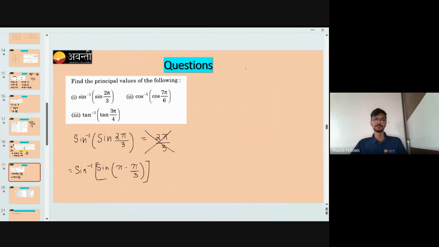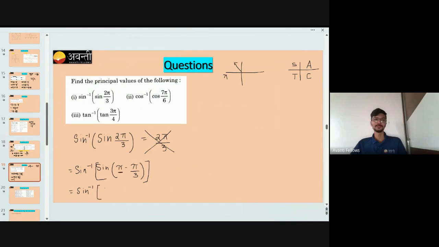Now look at the allied angles part. This is angle pi. Some angle is getting subtracted from pi, so that leaves me in the second quadrant. Second quadrant sine is positive. So my answer will be sine inverse of positive.